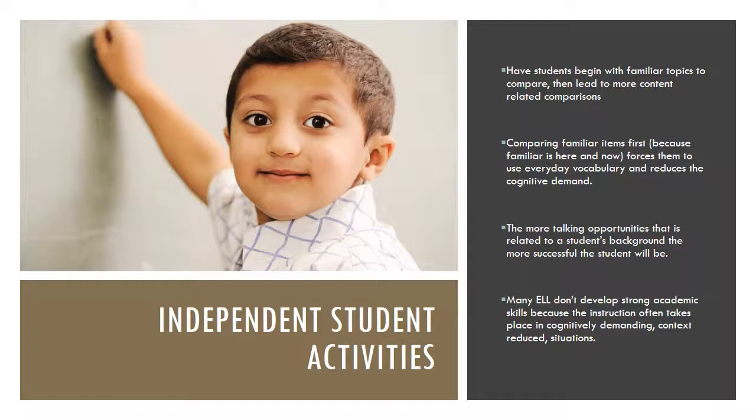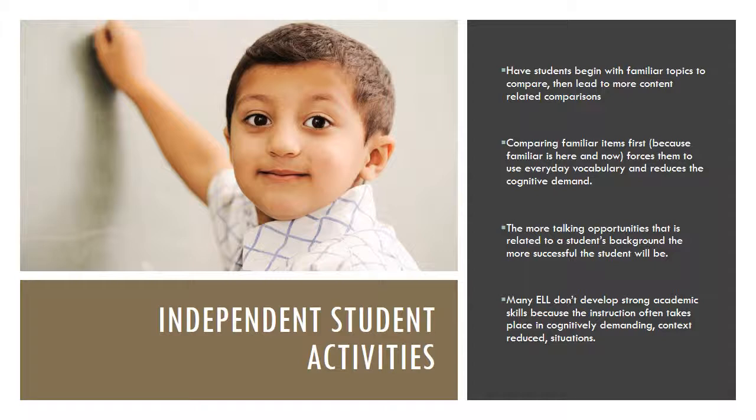The next step is to have the students do independent activities. Have students begin with familiar topics to compare, then lead to more content-related comparisons. Comparing familiar items first, because familiar is here and now, forces them to use everyday vocabulary and reduces the cognitive demand.